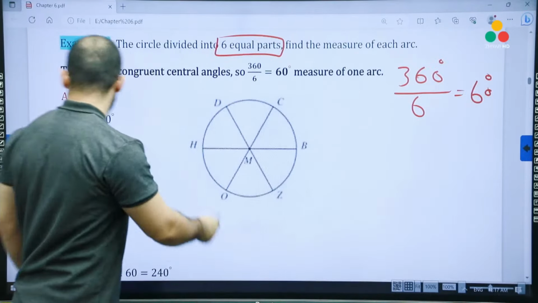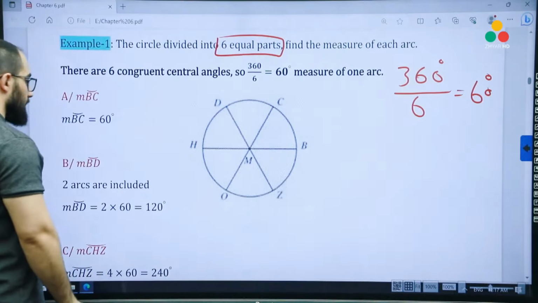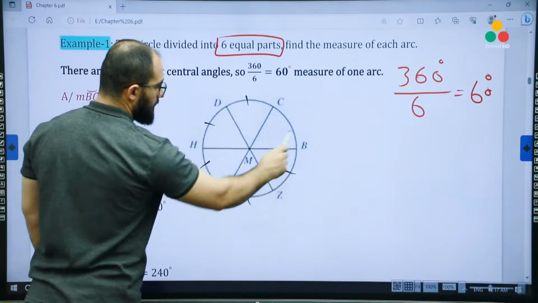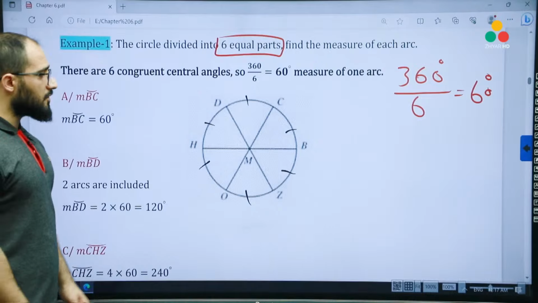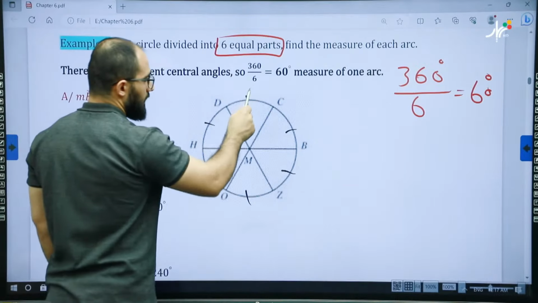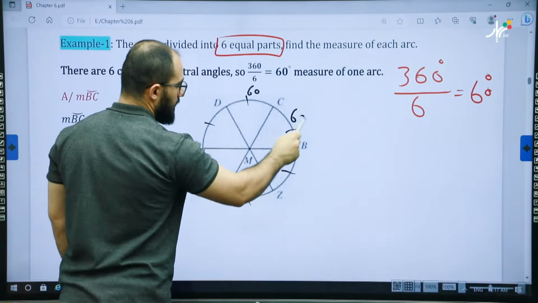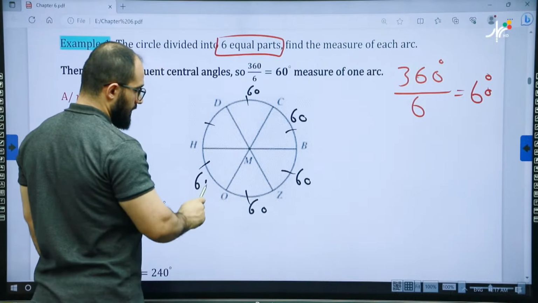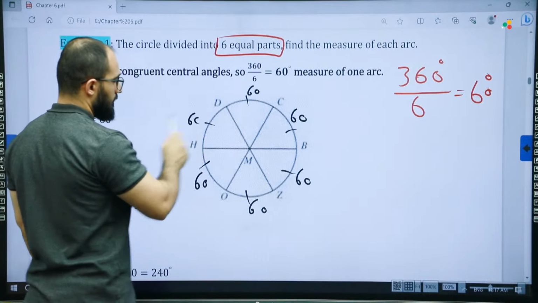It means in that circle, 1, 2, 3, 4, 5, 6, the measure of each arc is 60.